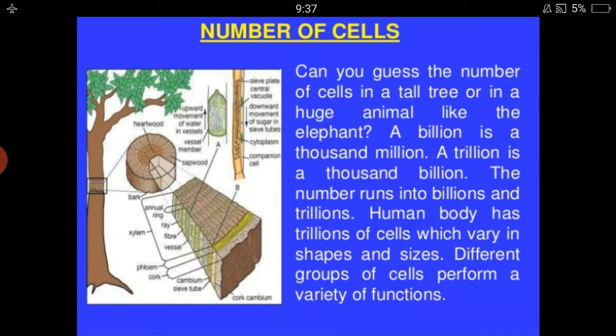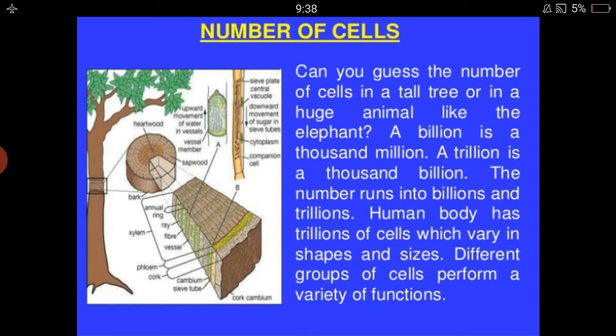Inside the human body, all cells do not perform the same function. They perform a variety of functions depending on where the cells are present. Suppose some cells are present in your kidneys and some in your lungs. But the cells in the lungs do not perform the same function as the cells in the kidneys.